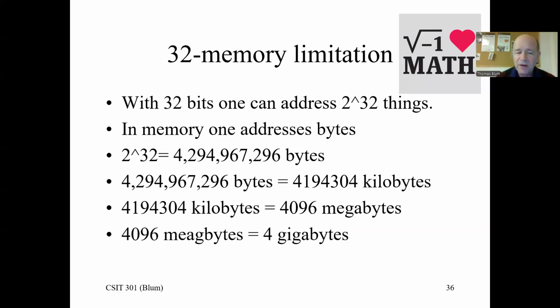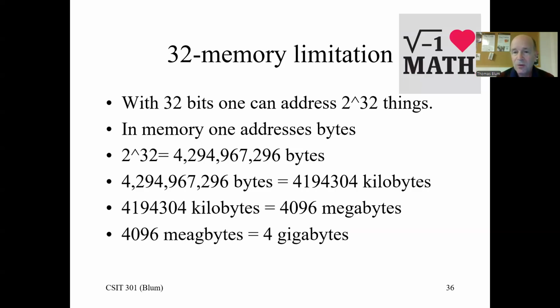And then we go one more from mega to giga. So in that, byte to kilo, kilo to mega, mega to giga, that was roughly 1,000 each time. And so now we're down to 4 GB. Well, in today's computers, 4 GB of memory is pathetic.